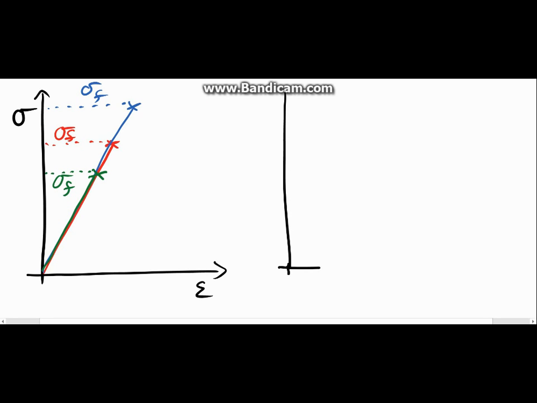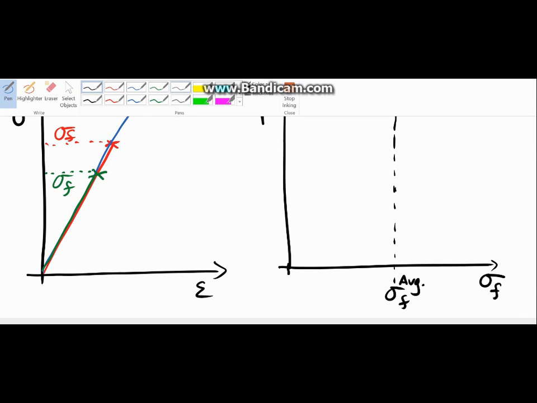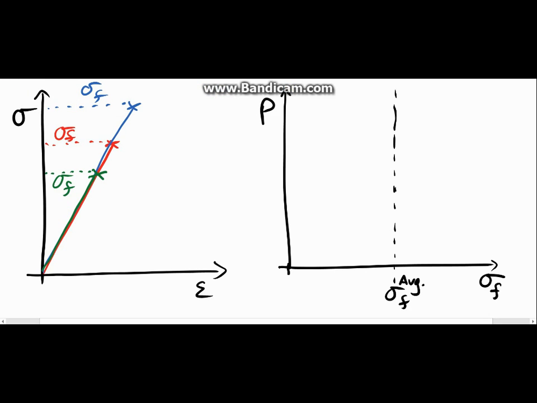So if we look at something that we've looked at before, where this is stress or failure stress, and this is population, we'd see that we have an average failure stress for a particular type of material, and if it were something like chalk, we'd have something very broad like this, where we have a lot of variation in the failure stress of that material.